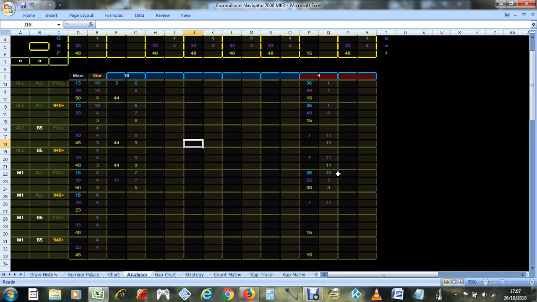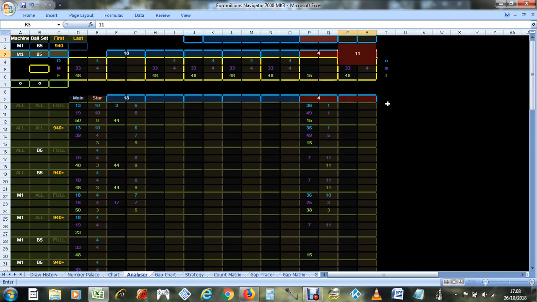So when I'm looking at number 4 and machine 1, number 11 stands out. When I'm looking at number 4 and set of balls 5, number 11 stands out. But when I look at machine 1 and set of balls 5 together, it doesn't stand out.